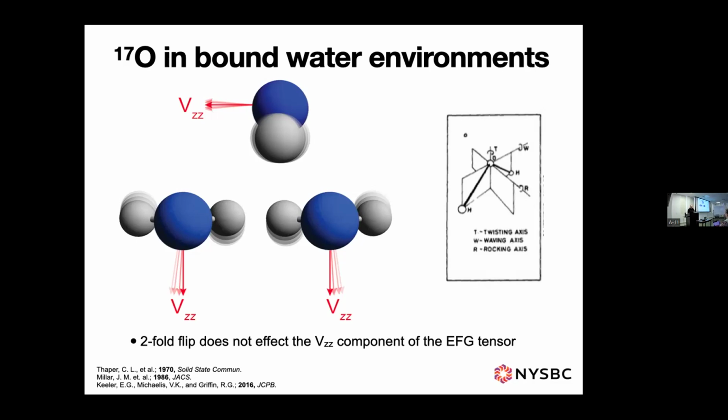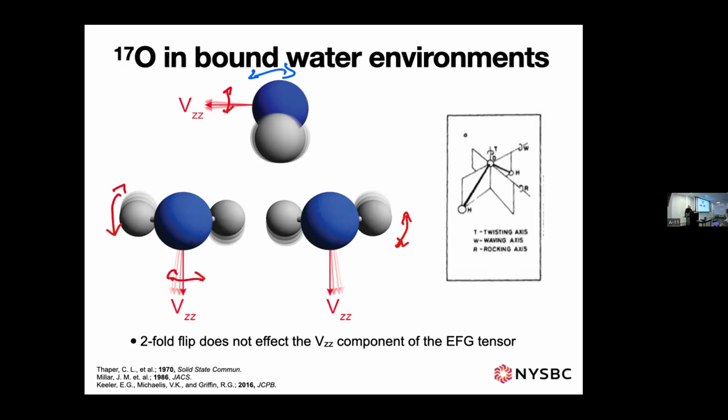But if you think about these other motions, we're moving this way in space. This is just the same motion shown twice. You can imagine that the VZZ component of that tensor is moving up and down here and side to side here.